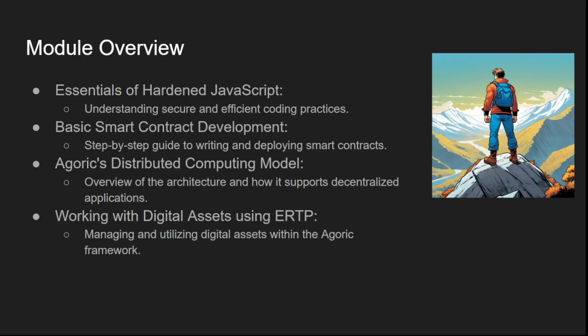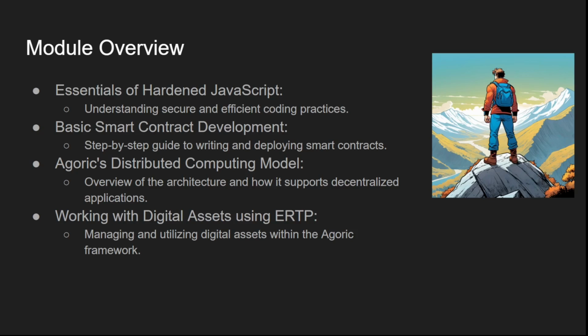In this module, we're going to establish a strong foundation in Agoric programming, covering 4 key areas essential for Web3 developers. We'll start by understanding the best practices for writing secure and efficient smart contract code in JavaScript. This is going to include an in-depth look at the critical functions of E and harden.